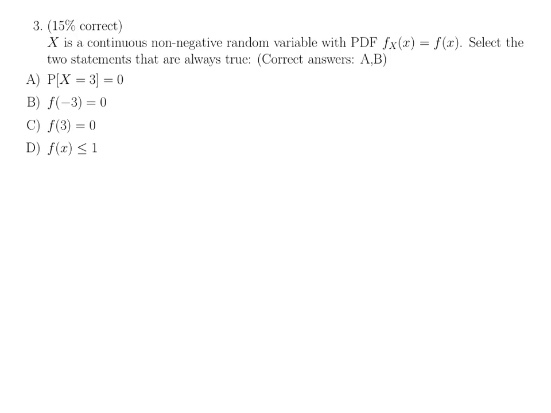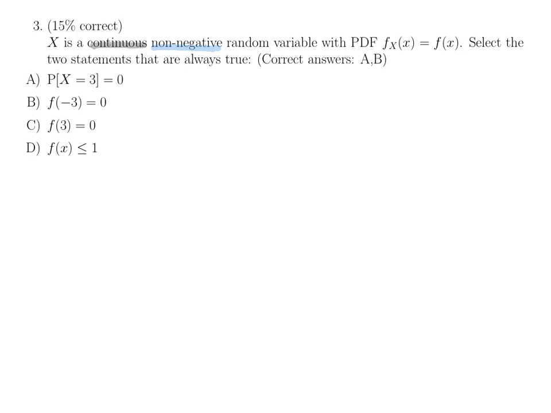In any case, there's a PDF, but I don't tell you anything about the PDF really. Essentially there are 2 good facts here. One is that the random variable is continuous, and the other is that the random variable is non-negative.